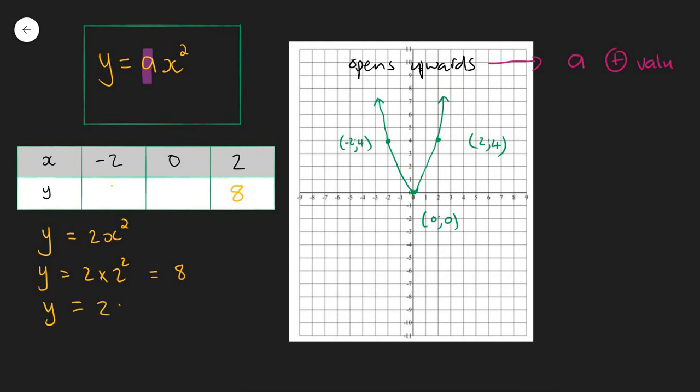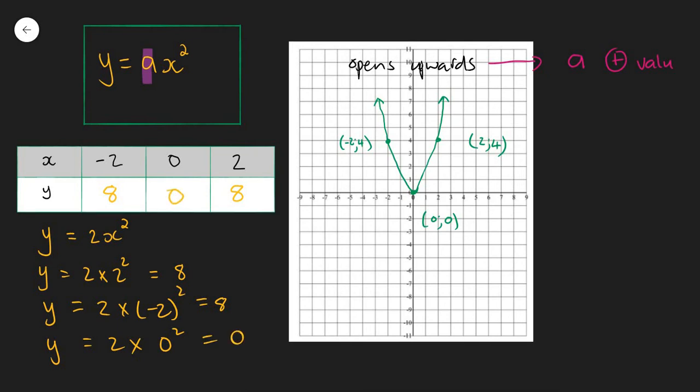Y equals 2 times -2 squared is also going to be 8. And y equals 2 times 0 squared is going to be 0. So let's do this in pink. It's still -2, but now it is 8, and 2 and 8, but still through the origin.